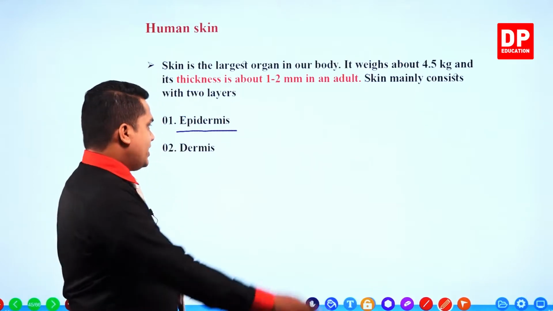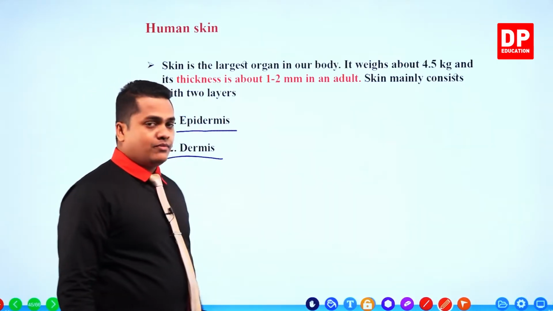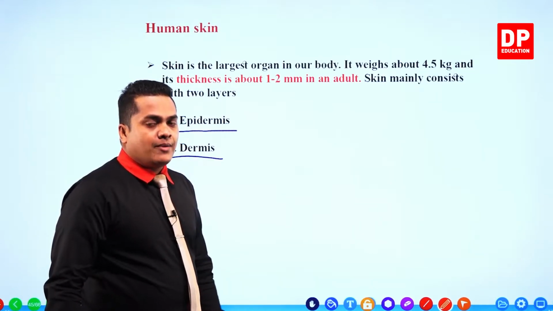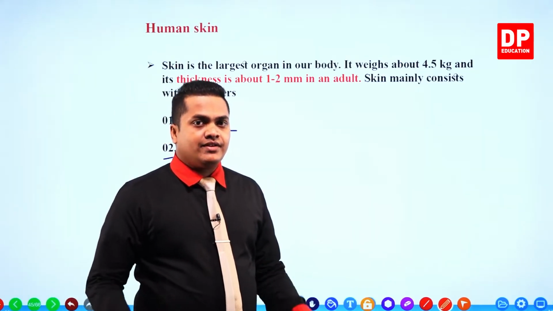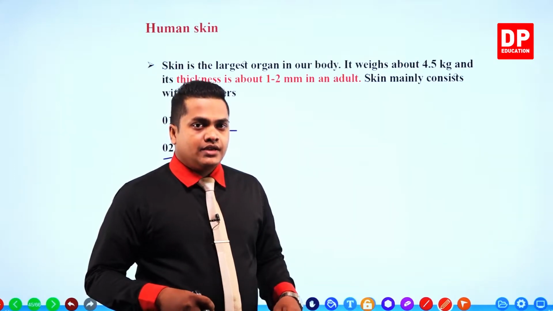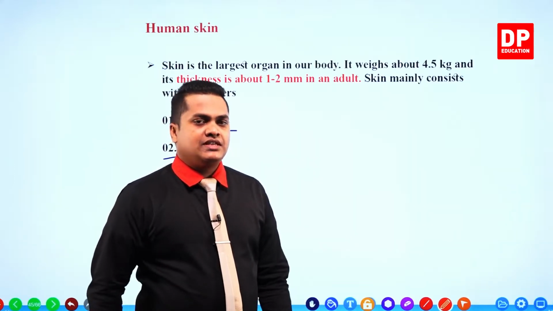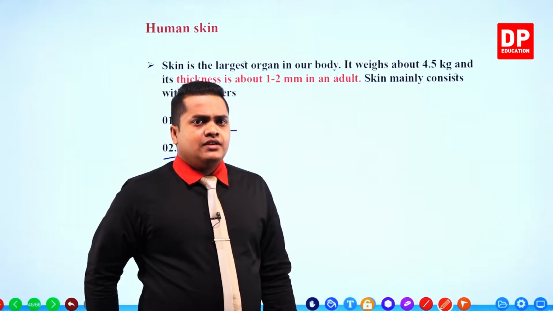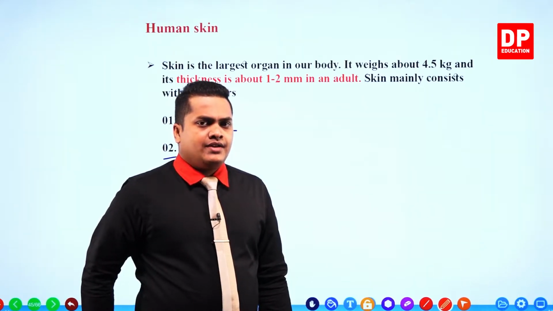Then you can observe the dermis. The second layer, the interior layer, is the dermis. So the epidermis is the topmost layer and the dermis is the interior layer. These are the two layers that we can observe within the human skin.